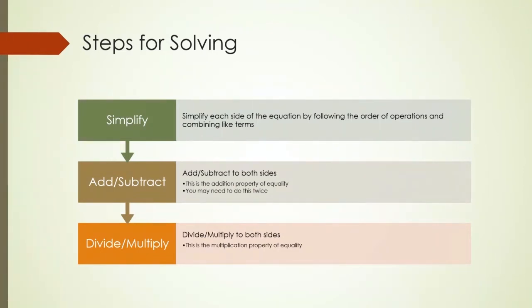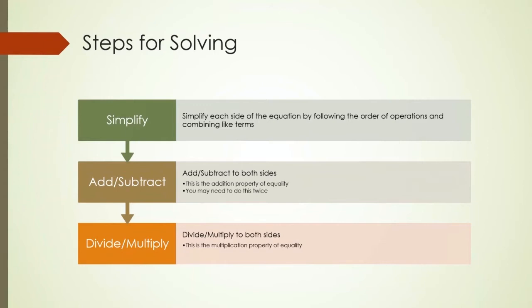So the first step is to simplify, and you need to simplify both sides of the equation, following the order of operations, combining like terms. So you do any distributing that you have on both sides, you add like terms, you simplify each side until you end up with something like a variable and a number.